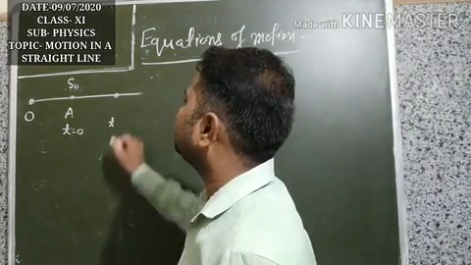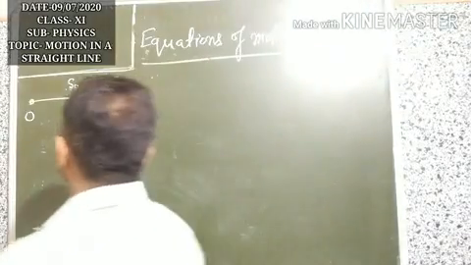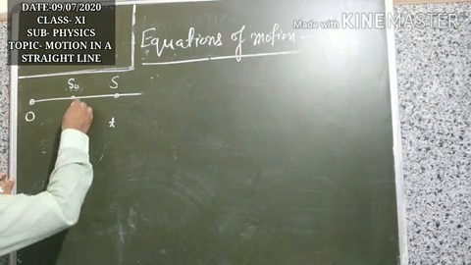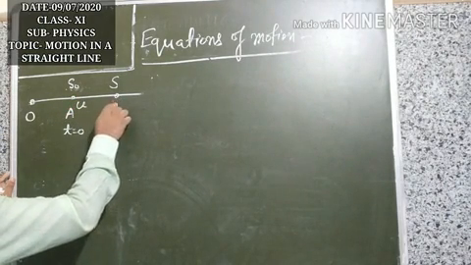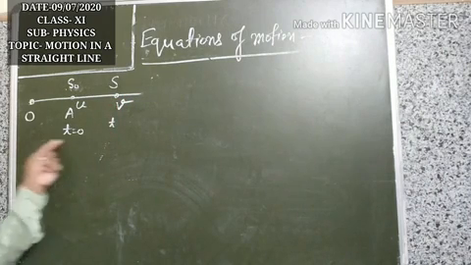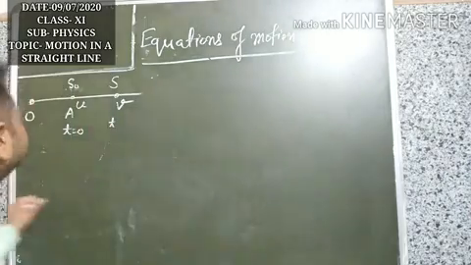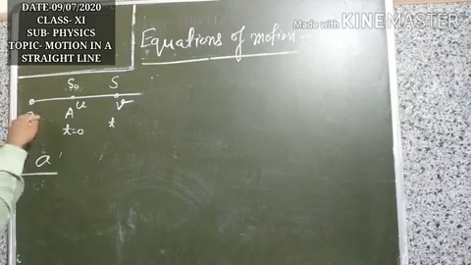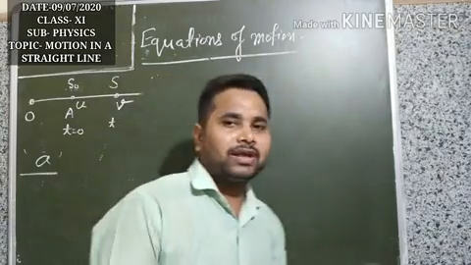When time is t, suppose displacement is s, and also suppose when the body reaches the point A, its initial velocity is u and final velocity, means at time t, velocity is v. For this motion the body has constant acceleration a. This is the straight path of the body moving along the positive direction of the x-axis.